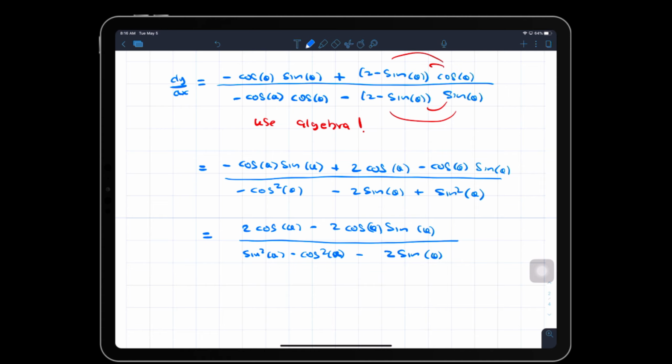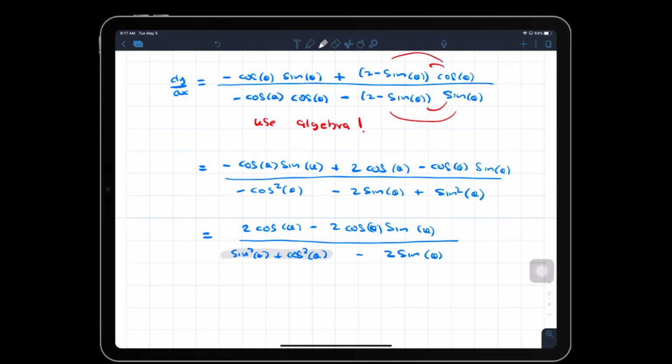So this is what we have as well. Now, we can do a little bit of simplification. Let's write this here. Sine squared theta plus cosine squared theta. I could do a little simplification right here.